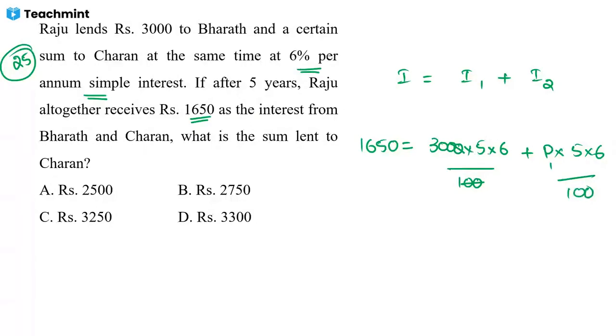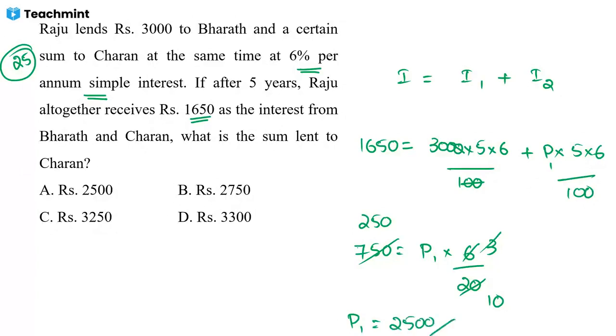So we have 1,650 minus 900, which is 750, equal to 6 divided by 20 or 3 by 10 times P1. 3 ones are 3, 250 times. So the amount given to Charan is nothing but 2,500.